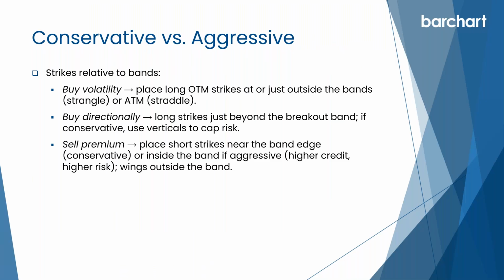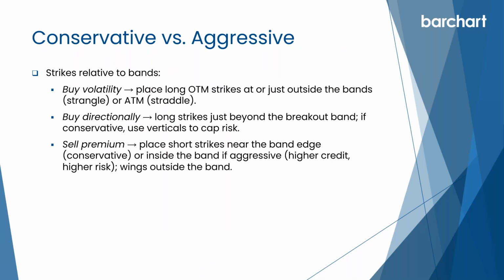If I'm doing directionals, I want my long strikes just beyond the breakout band. That's an important concept if I'm conservative. But what I might do is use vertical spreads to not only cap my risk exposure, but it does also cap my profitability. If I'm selling premium, I'm going to place my short strikes near the band edge.